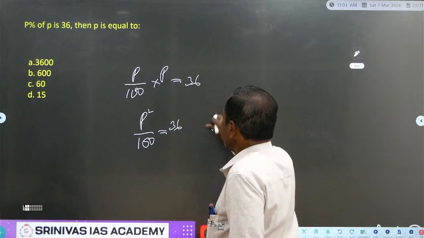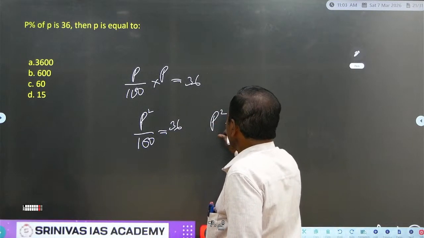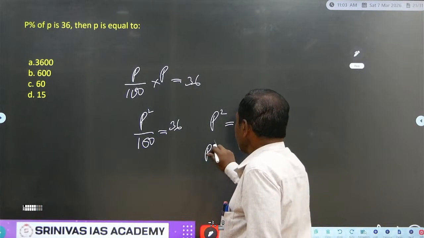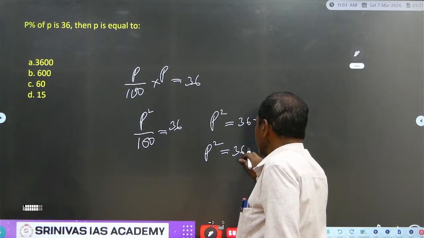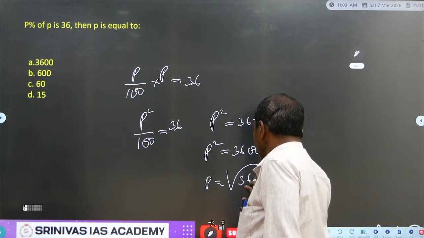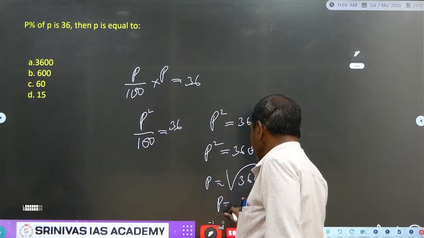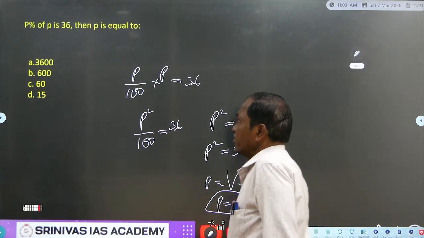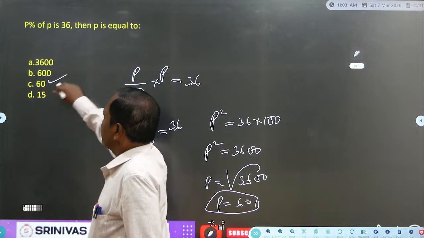What is the next step? P square is equal to 36 into 100. So P square is 3600. P equals root 3600. So P equals 60. Option C.